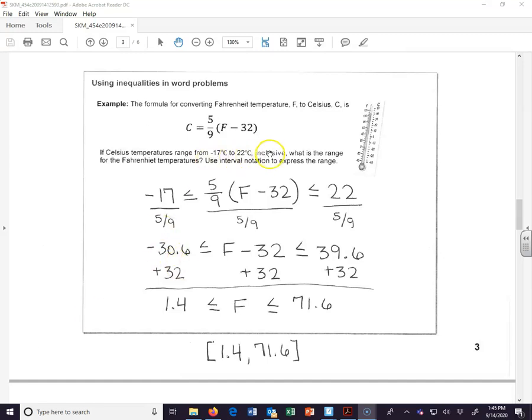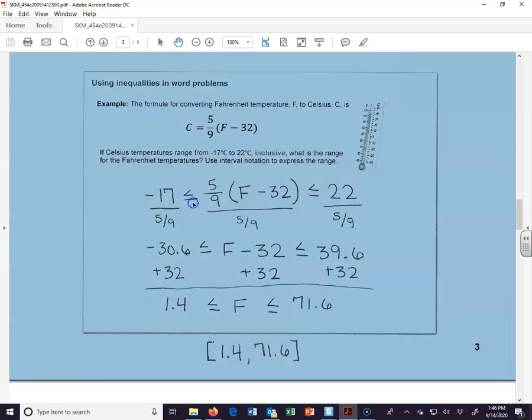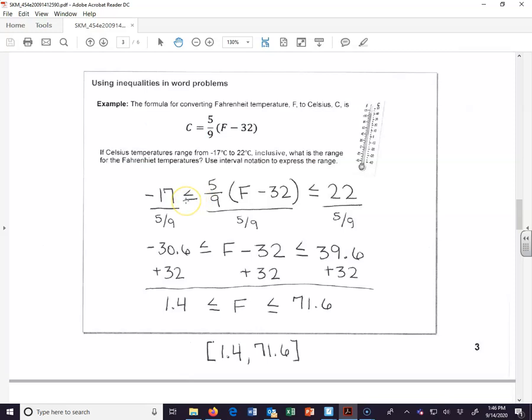One thing to notice here when it says inclusive there, inclusive means that it includes both of these values, which just means we're going to use the equal to sign here on both sides. If it didn't say inclusive, then it would mean it's just going up to that point but not actually including those values.